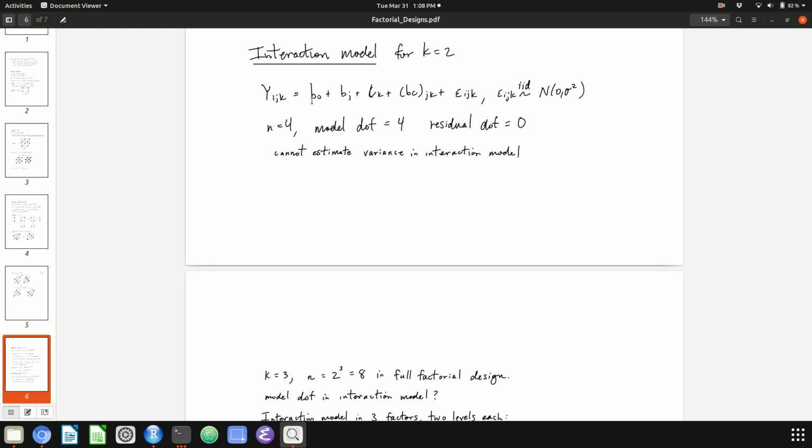So there are 4 cells in the table, and unlike the additive model, in the interaction model, there are no constraints on how the expected values in each of these 4 cells have to be related. So therefore, the model degrees of freedom is 4. In the 2 to the 2 design, we have 4 observations, and so we have no residual degrees of freedom. So we can generate estimates of the means for these 4 cells, but we can't get any uncertainties about those estimates or any estimates of the residual variance.